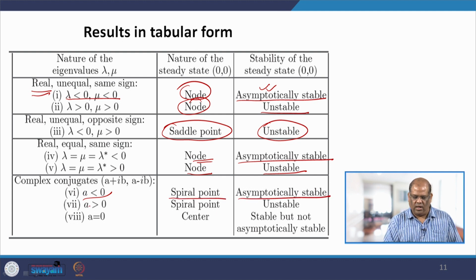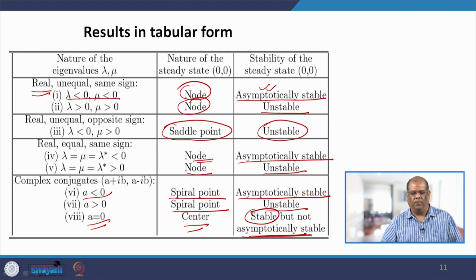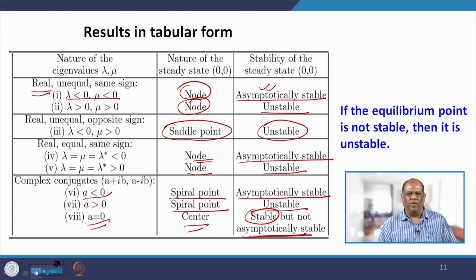If it is greater than 0, it is again a spiral, but unstable. If it is equal to 0, it is a center, it is stable, but not asymptotically stable. So, if you remember this chart, I think your job is done, and if the equilibrium point is not stable, it is then unstable. Let us take some examples now.